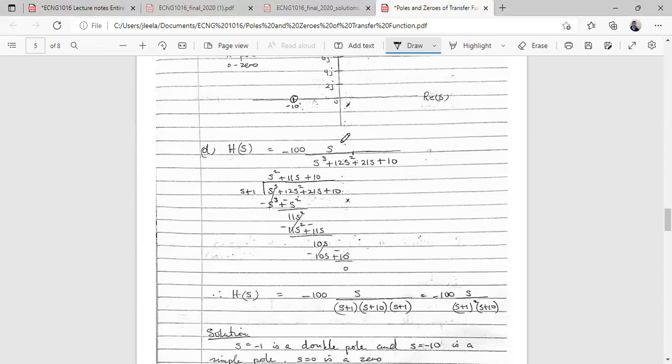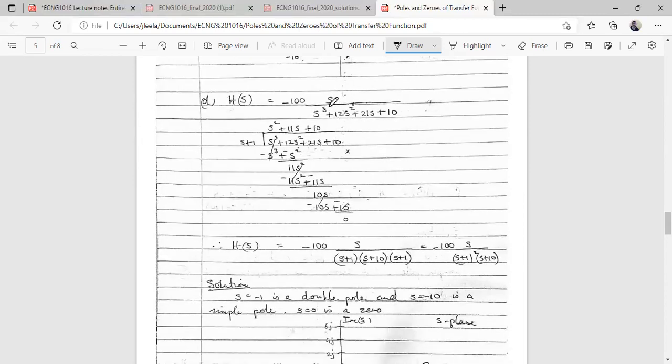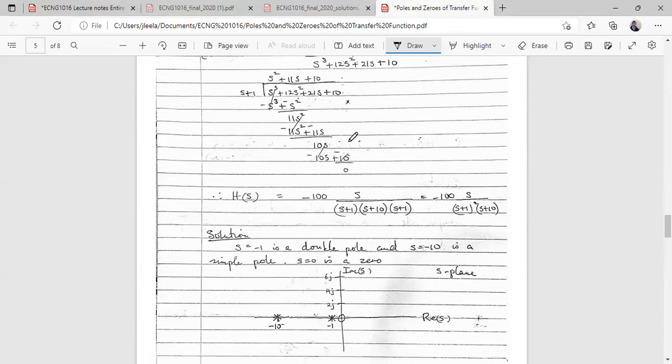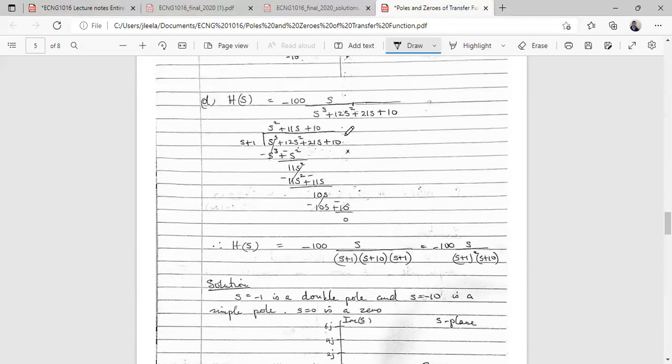Part D now, 100 into s over s cubed plus 12s squared plus 21s plus 10. On the denominator, if you put s equals minus 1 here, you'll get the denominator working out to 0. So it means that s plus 1 is a factor.